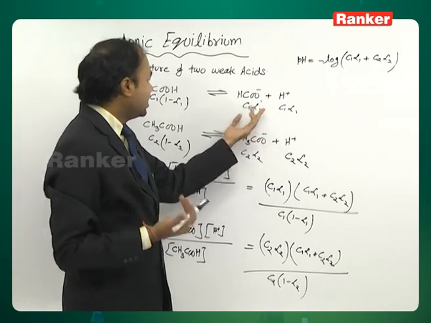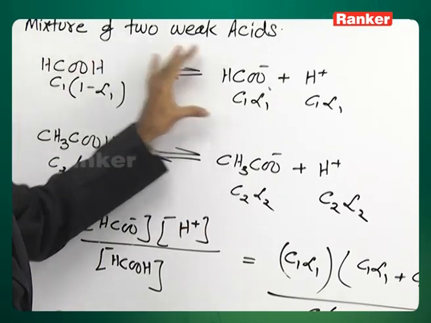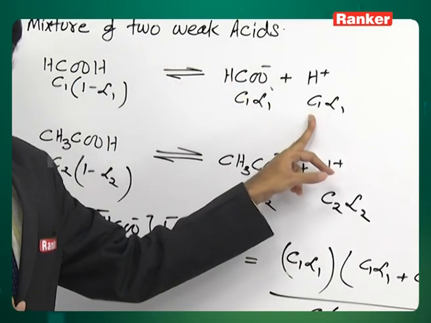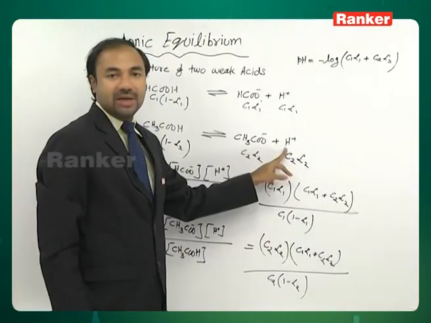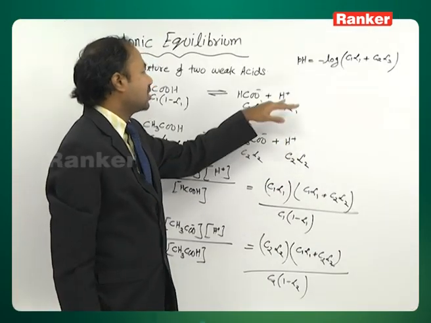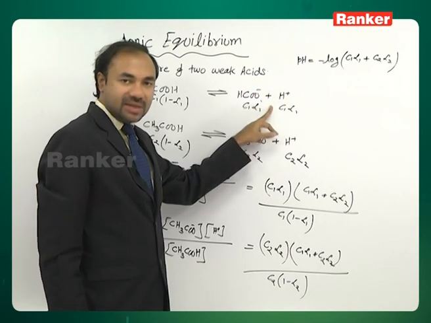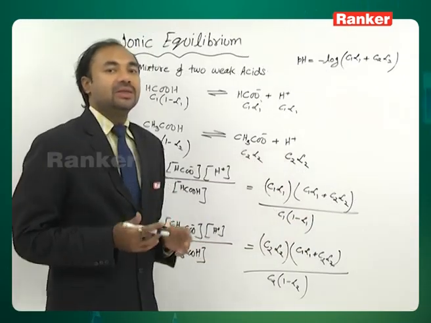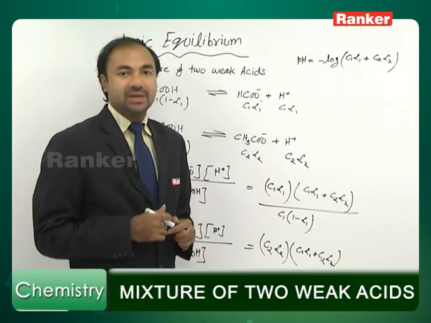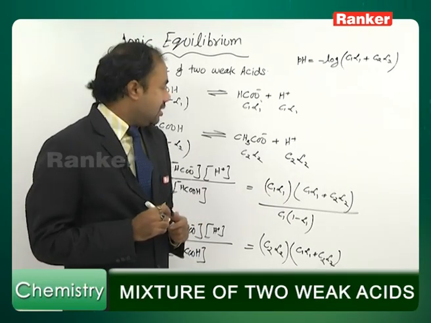Why? See, in the dissociation of formic acid we get H plus ions, as well as in the dissociation of acetic acid, again we get H plus ion. This H plus ion will exert common ion effect over this one, and this H plus will exert common ion effect over this one. As a result, the dissociation of both the acids decreases further.